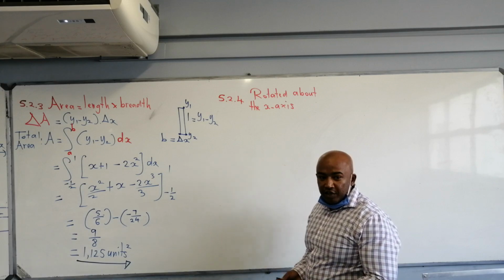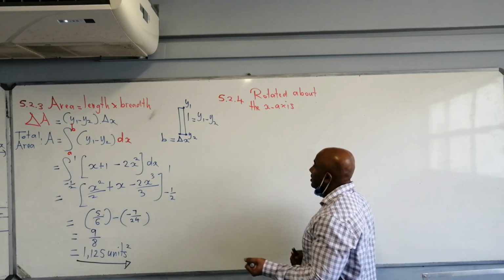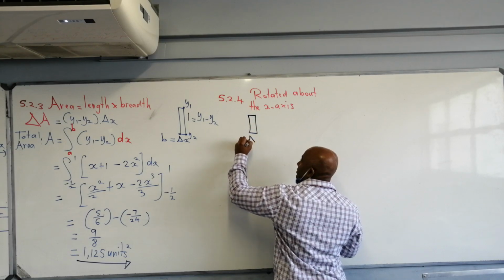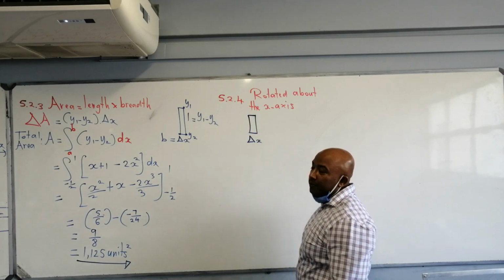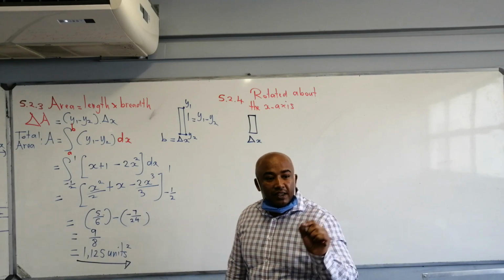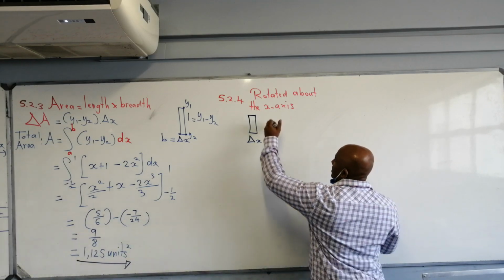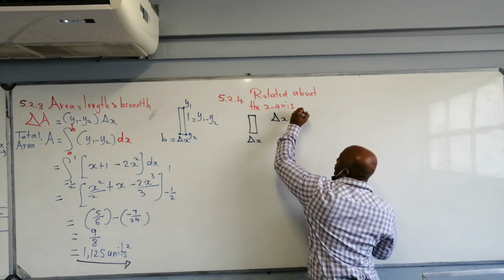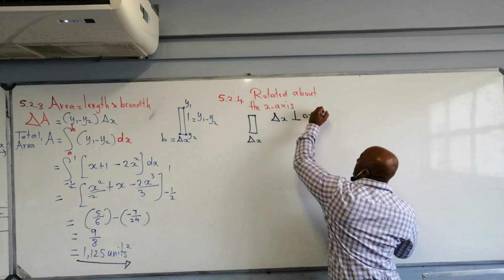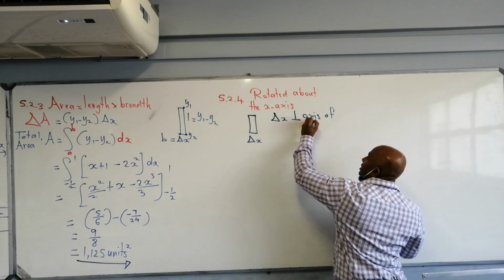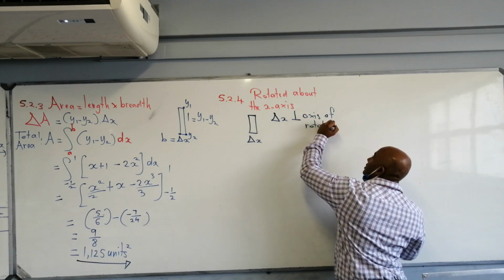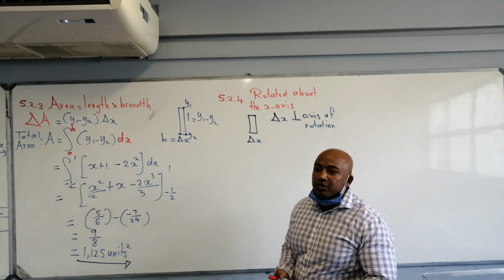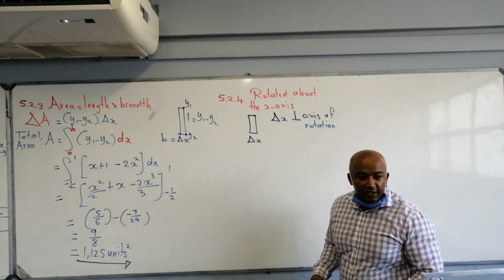Now, in order to work out the volume, first of all, there's your representative rectangle. Your representative rectangle with a breadth of delta x is perpendicular to the axis of rotation. I'm just giving you the reason, because when you come to N6, this is how you need to answer the question.